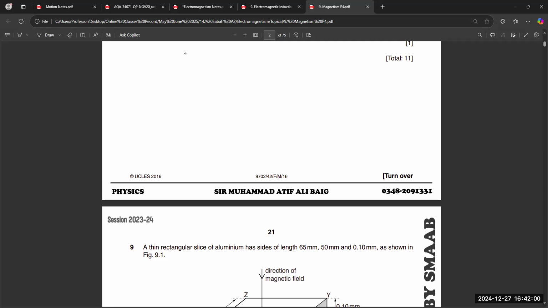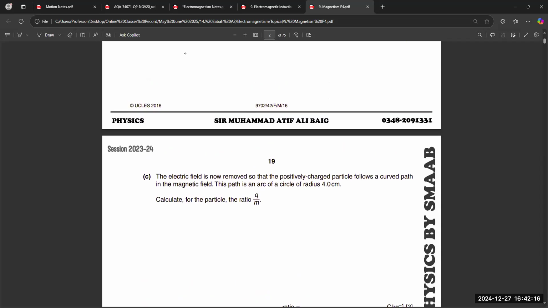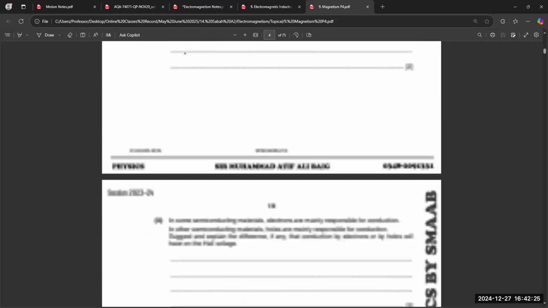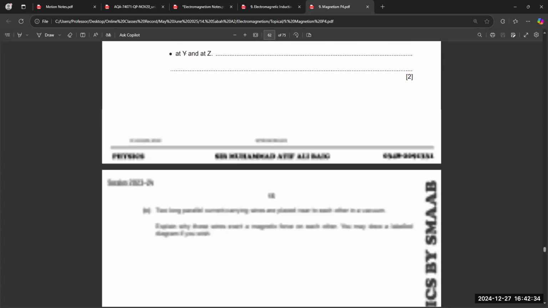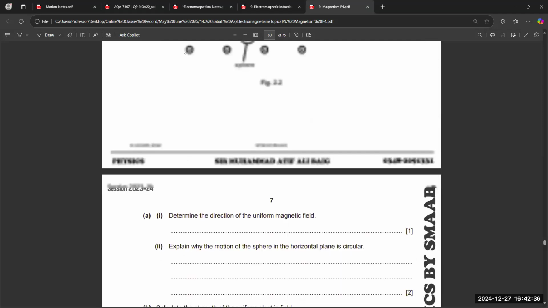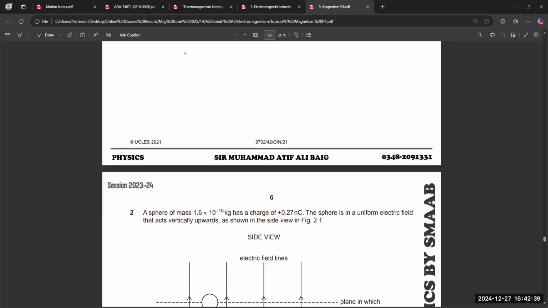Last time we practiced a few questions from the normal concept of a charge in a uniform magnetic field. And further, we consider a question, 22, 21.